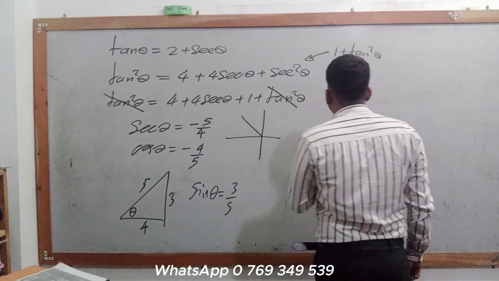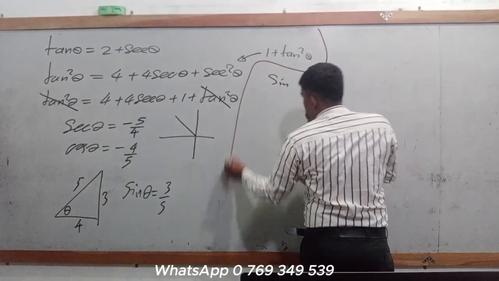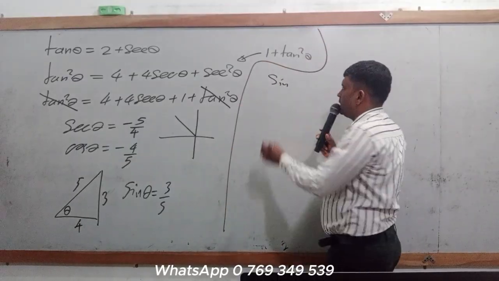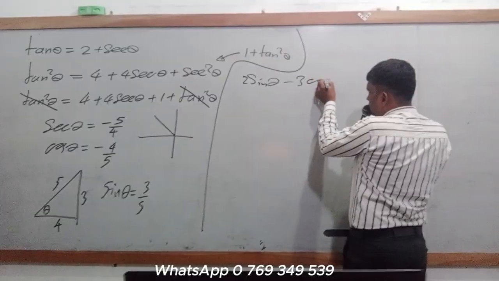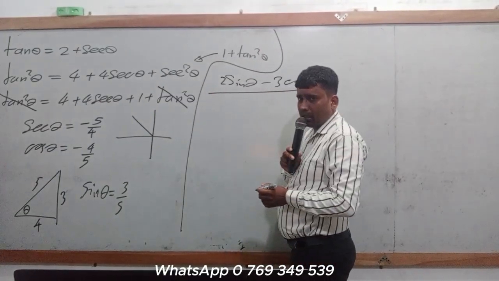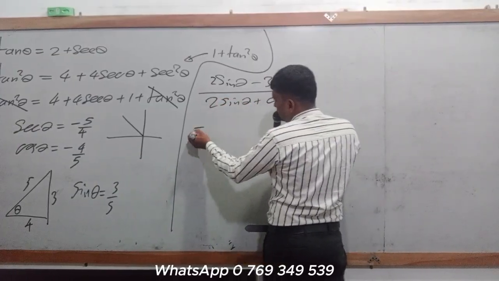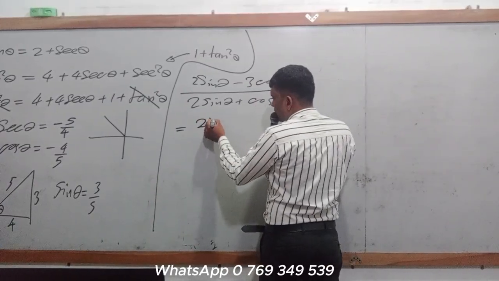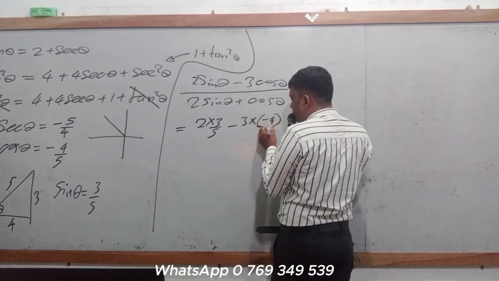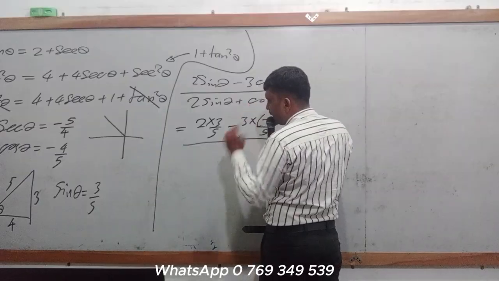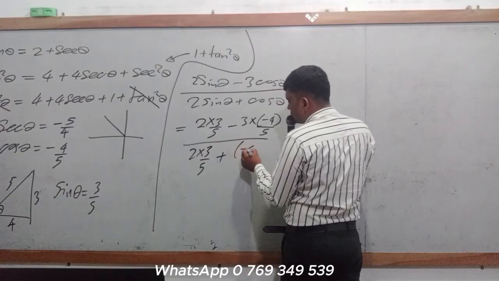Now we have to find the value of 2 sine theta minus 3 cos theta divided by 2 sine theta plus cos theta. Now we can apply directly. 2 times 3 over 5 minus 3 times minus 4 over 5, over 2 times 3 over 5 plus minus 4 over 5.